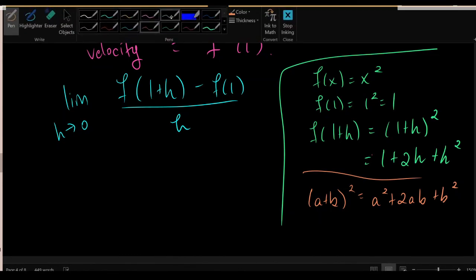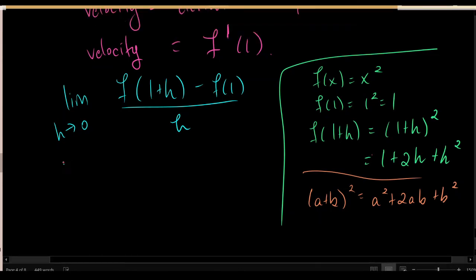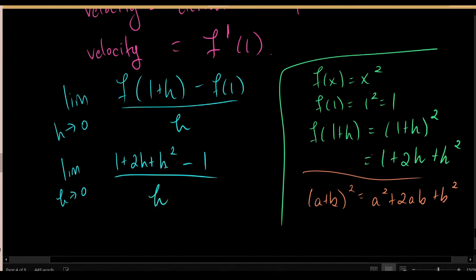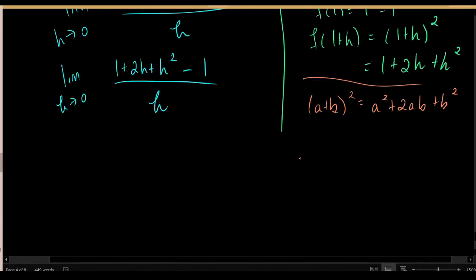So let me stick that data into this difference quotient formula. And we get 1 plus 2h plus h squared, take away f of 1, which is just 1, divided by h. Let me go ahead and simplify. 1 minus 1 is gone.